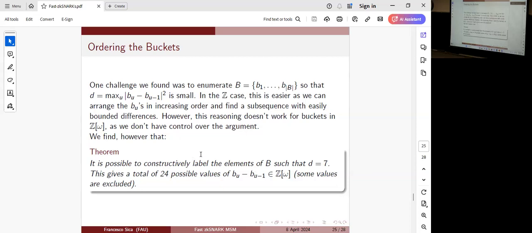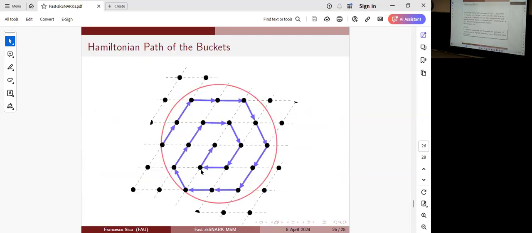So we need to control that, and the idea that we had was to have this web design. Okay, it's not going to be this regular if there are a lot of points, it's going to be a bit more irregular.